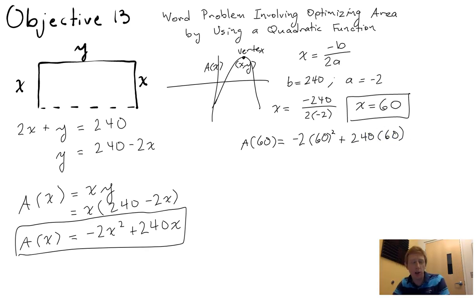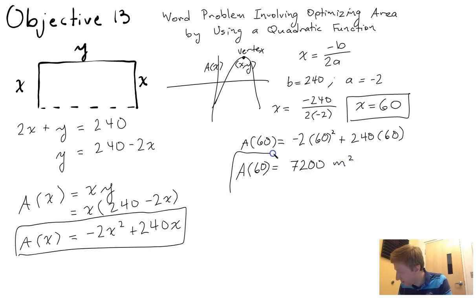After performing this calculation, we see that area, A of 60, is equal to 7,200 meters squared. And this is the maximum area that the rectangular field can have.